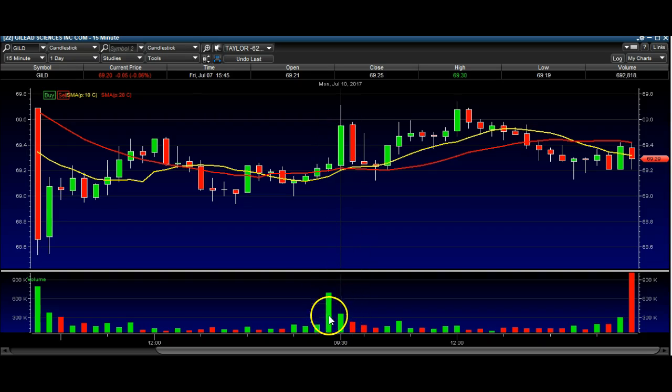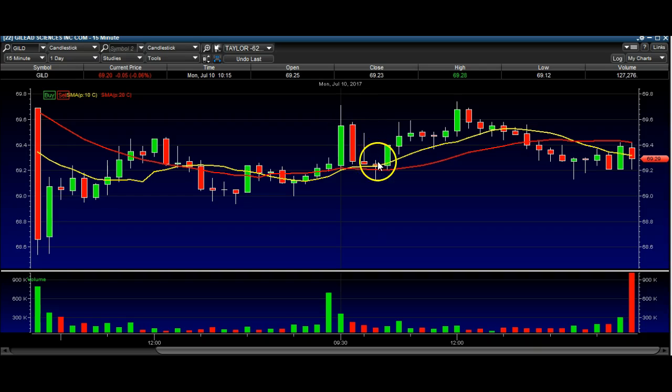There was also pretty decent closing volume from the day before on the last candle, so we had two candles with decent volume. It's a bullish opening candle, we're above the 10 period and 20 period simple moving average on the 15-minute chart, and the long signal was right here.